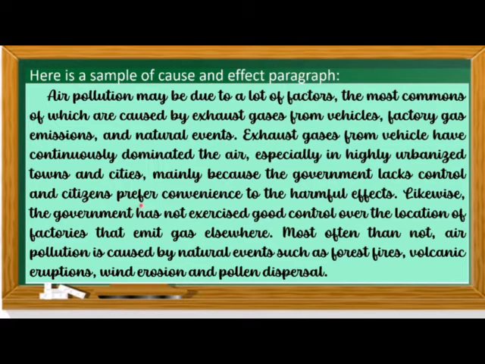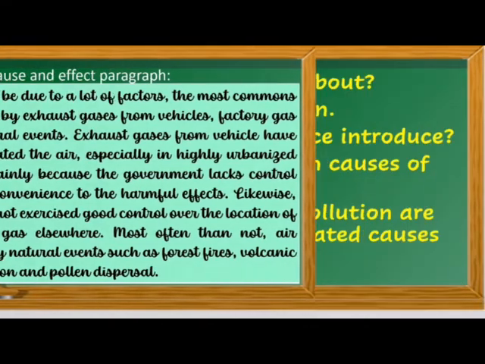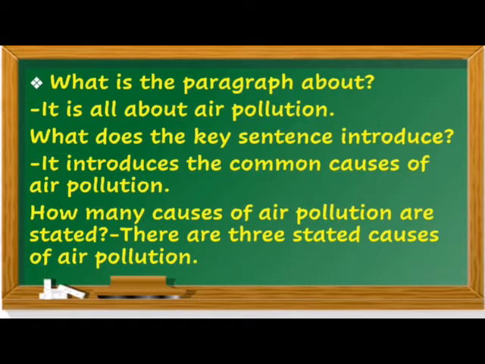We have limited time, so I'm not reading it to you. And these are the questions that you are going to answer after reading the paragraph. So it is all about air pollution. So I have written here the answers so that you can get it right.